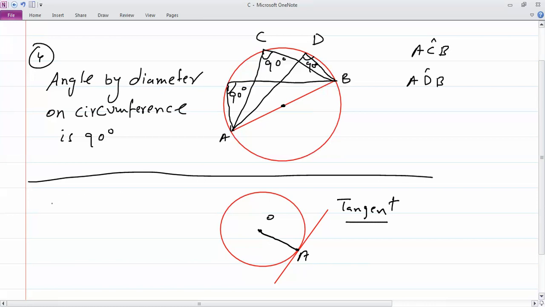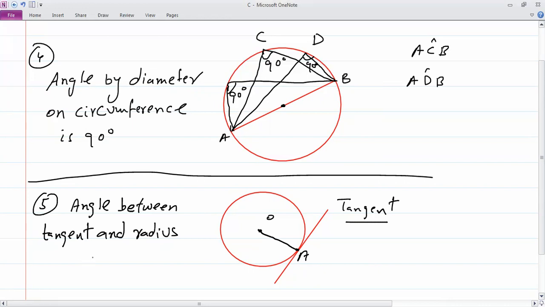So rule number 5 says the angle between the tangent and the radius of the circle is 90 degrees. Like, OA is the radius, this is the tangent, so this angle will be 90 degrees. This angle will be 90 degrees. The angle between tangent and radius is always 90 degrees.